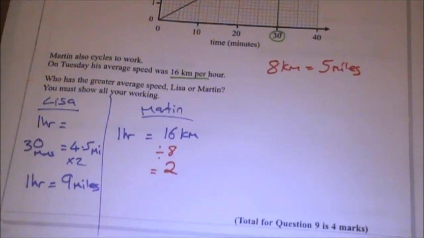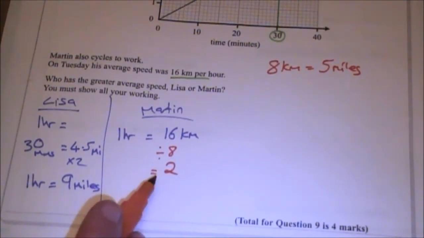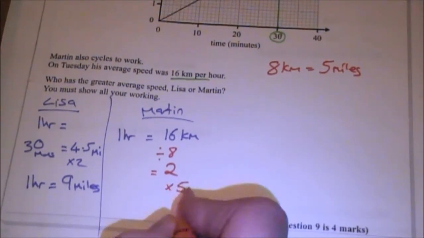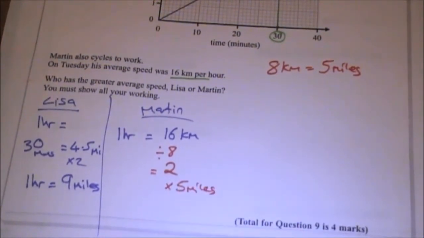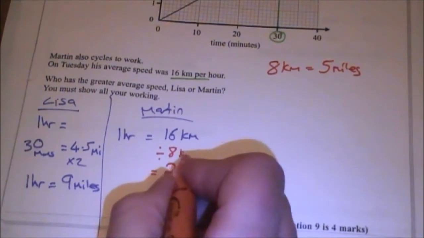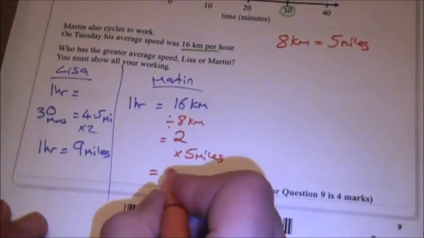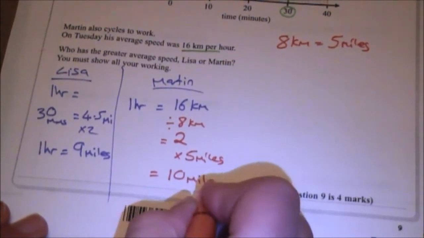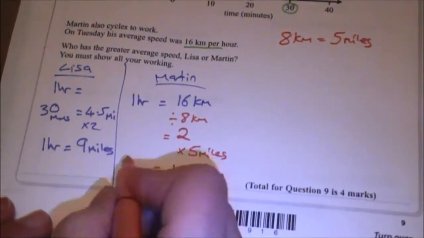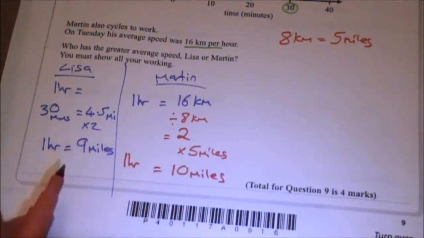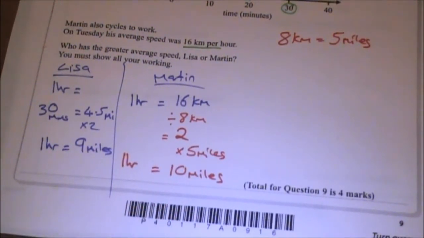So there's 2 lots of 8 in 16. What I can do then is multiply by the 5 miles. So I divided by the 8 kilometres, and then I times by the 5 miles, and that's given me 10 miles. So in 1 hour Martin cycles 10 miles, and in 1 hour Lisa cycles 9 miles.